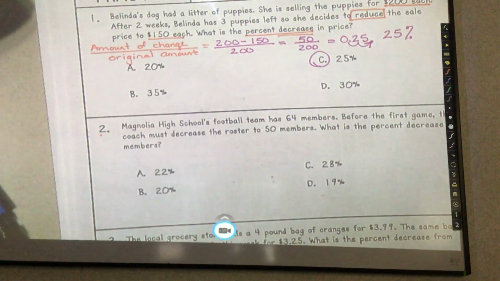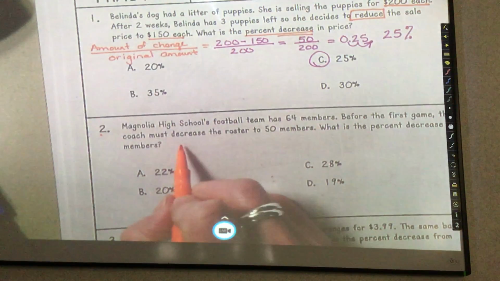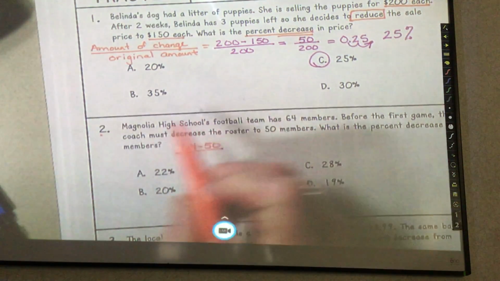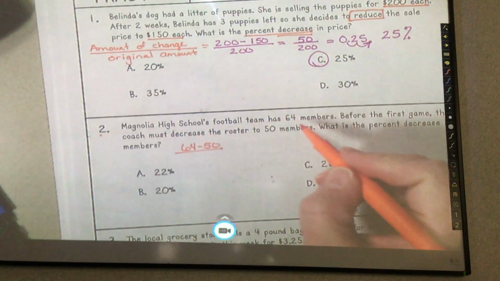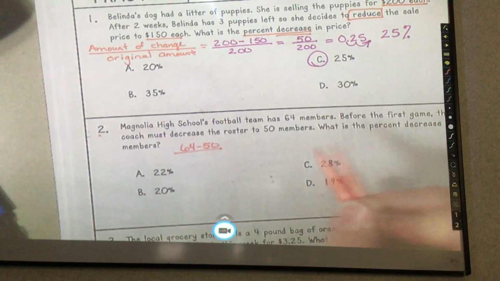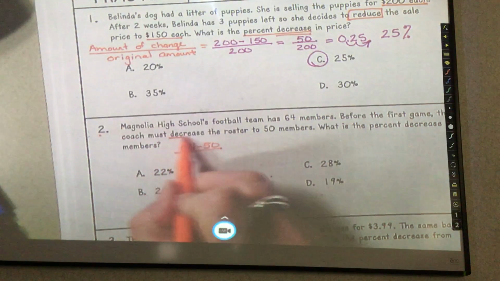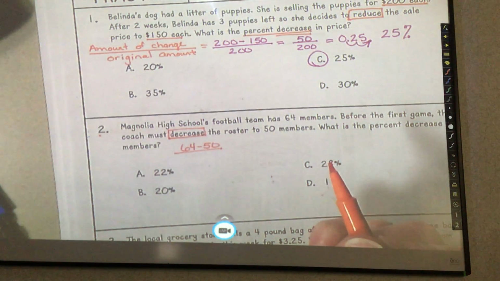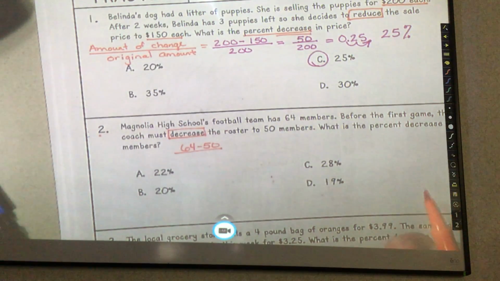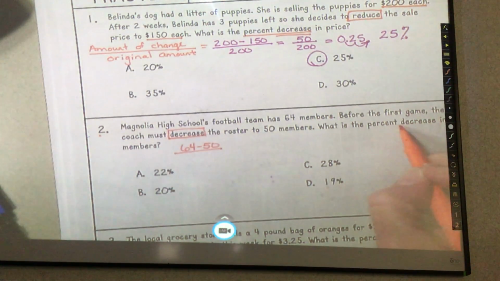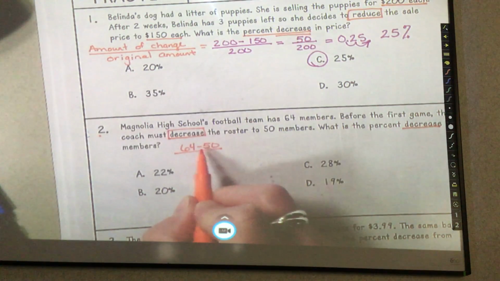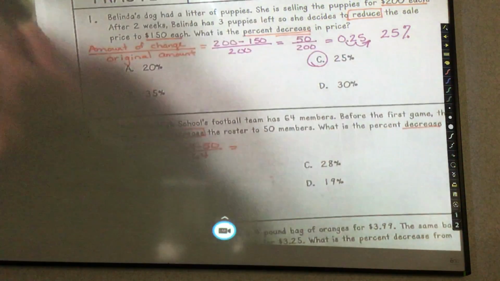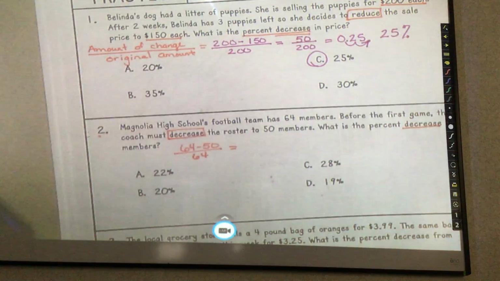So you should have had 64 minus 50 over, because Magnolia High School football team had 64 members. Before the first game, the coach must decrease. Are you guys putting boxes around those things? To 50 members, what is the percent decrease? So 64 minus 50 over my original amount, which was 64. 64 minus 50 is 14.